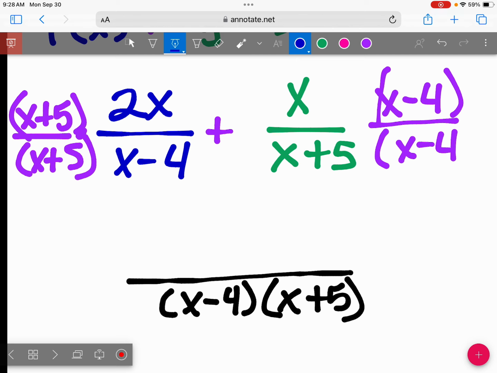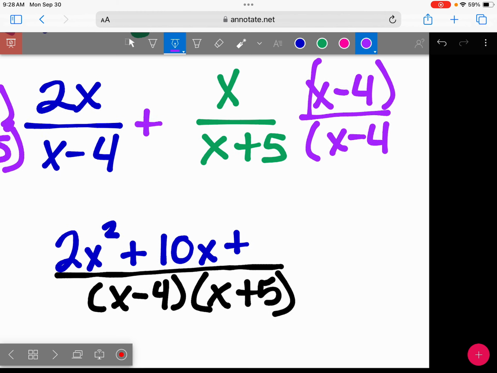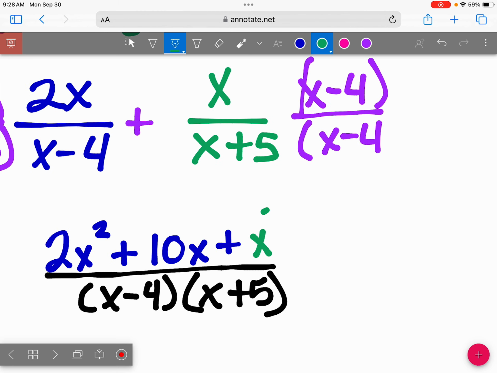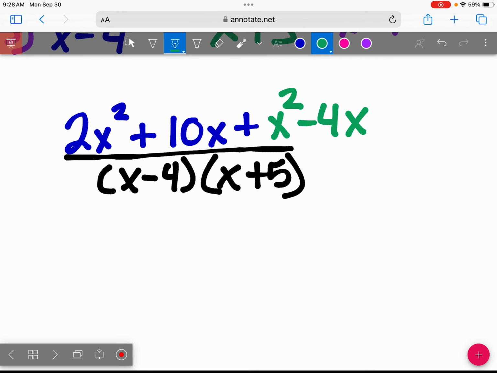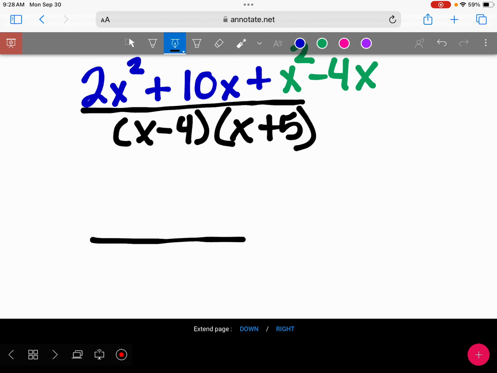X squared plus 10x plus x squared minus 4x. And we're going to simplify that. So simplified, my numerator is 3x squared plus 6x.